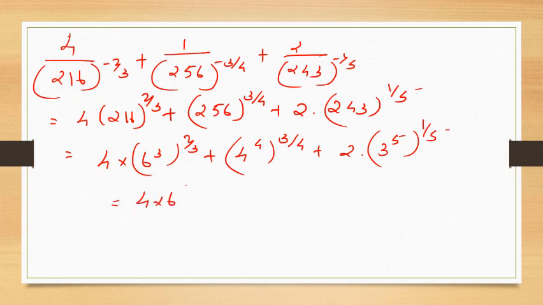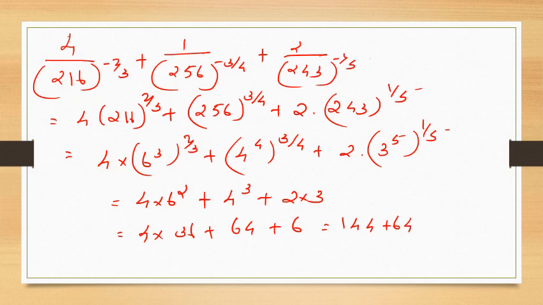So 4 into 6 squared plus 4 cube plus 2 into 3. 4 into 6 squared is 4 into 36, 144, plus 4 cube is 64, plus 6. So the answer is 240.